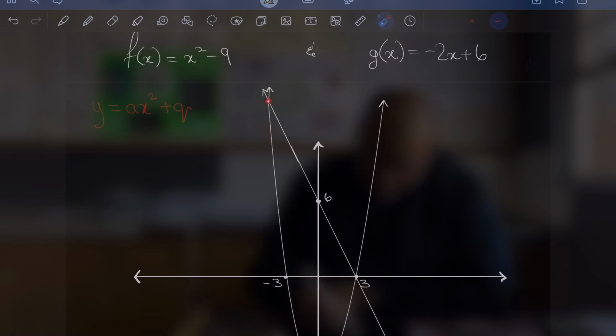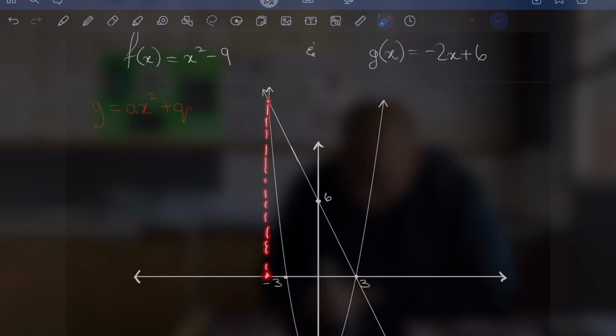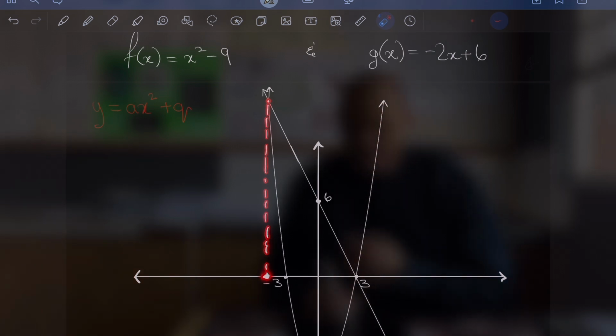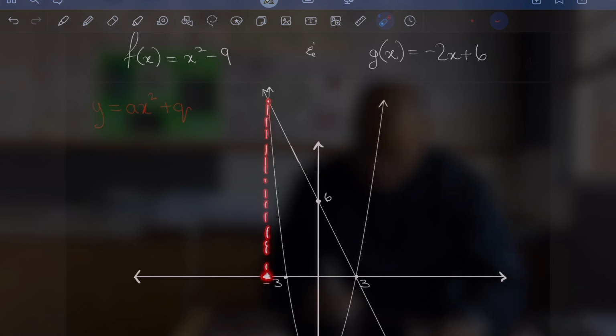That point is some x value over here. Notice it's not -3, it is slightly to the left of -3, so it could be -4, -5 maybe. Note that this is not drawn to scale, so let's not try to measure with the eye, but we know it's going to be -4, -5, possibly even -6, but we'll find that out in a moment.